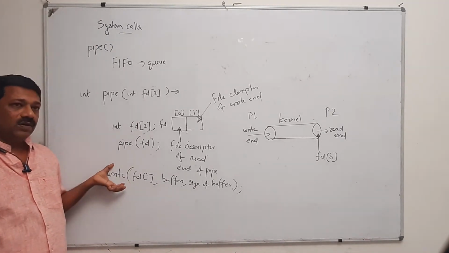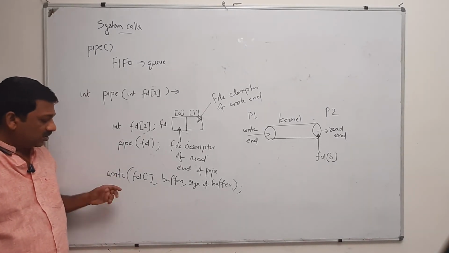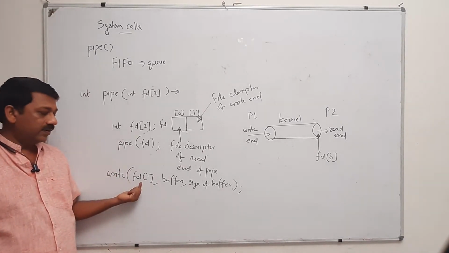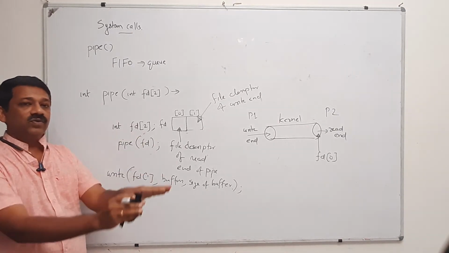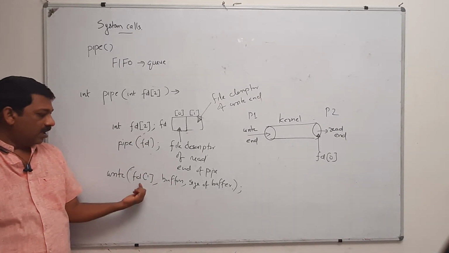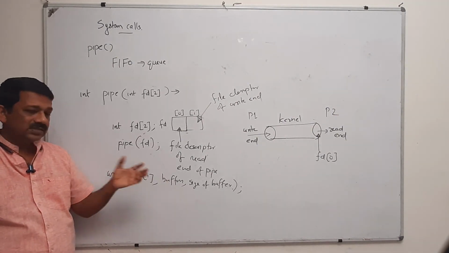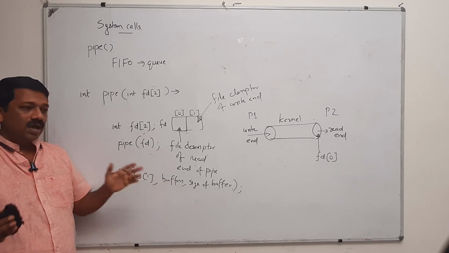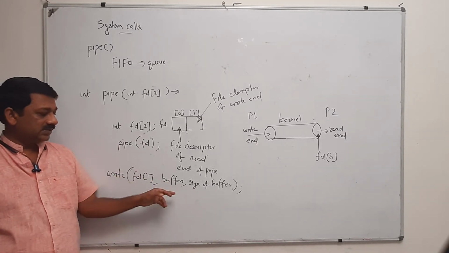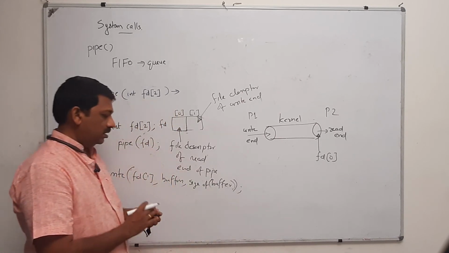The write system call is for writing, and using this file handle, the data will automatically be written onto that pipe, from what is pointed to by the buffer. Suppose some string is there in that buffer and it has, say, size 10, the size of the buffer.